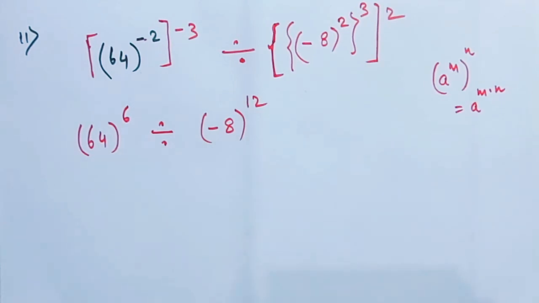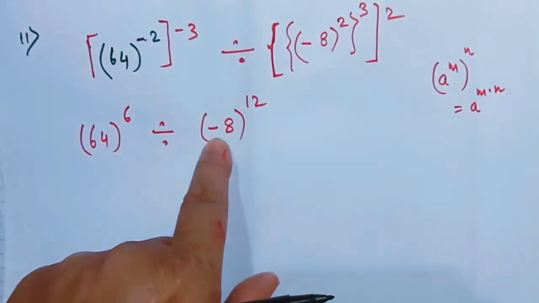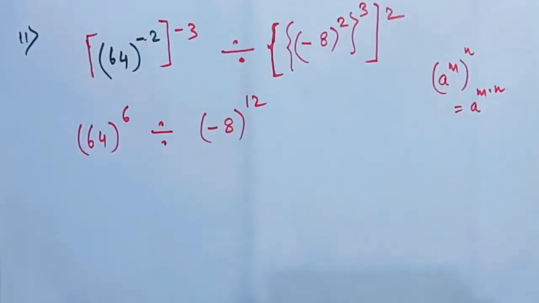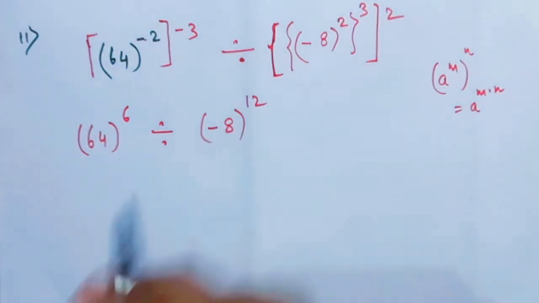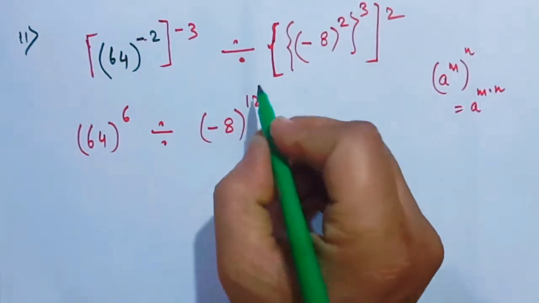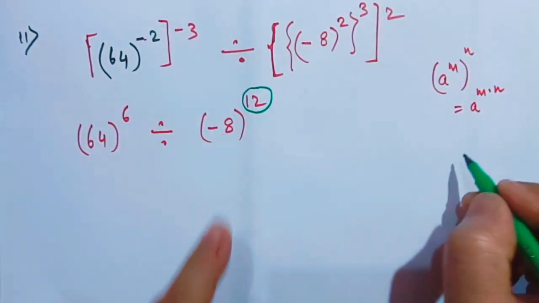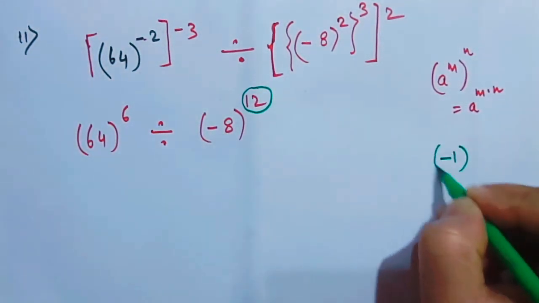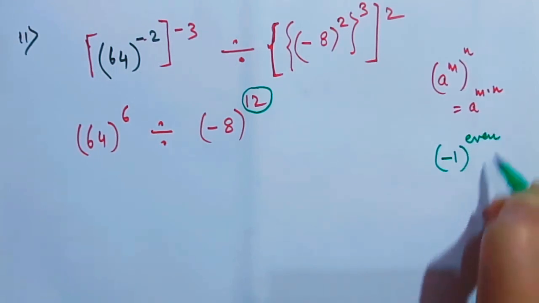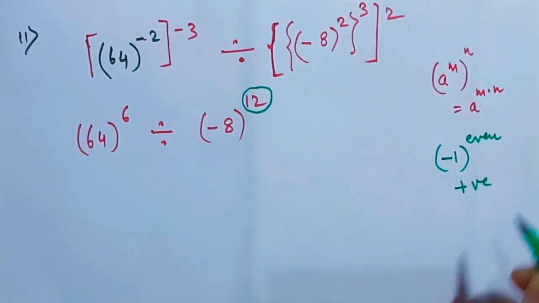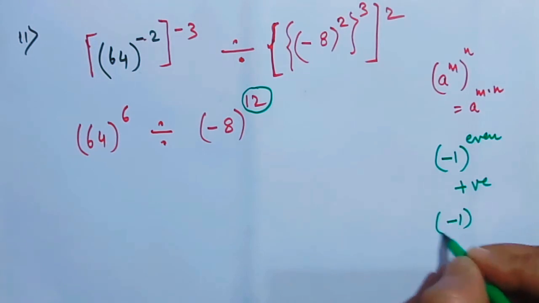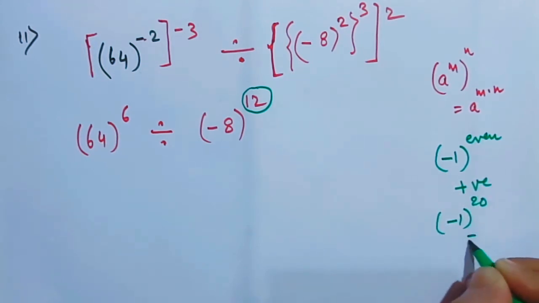Very good. Now this is a negative number and this is a negative number, while this 12 is an even power. So when a negative number is raised to an even power, we get a positive value. For example, minus 1 to the power 20, you will get the value as 1.